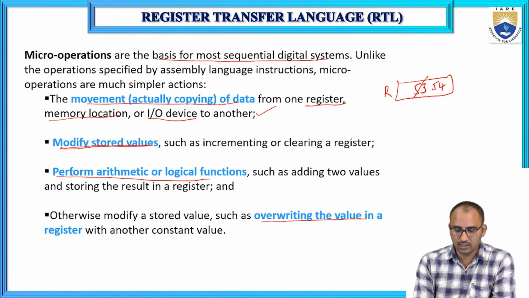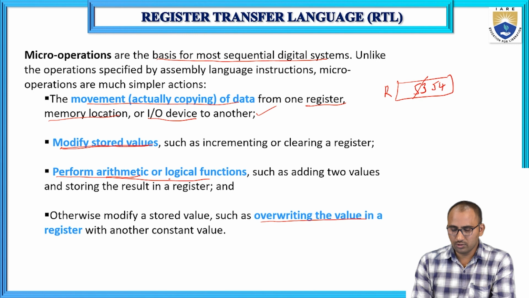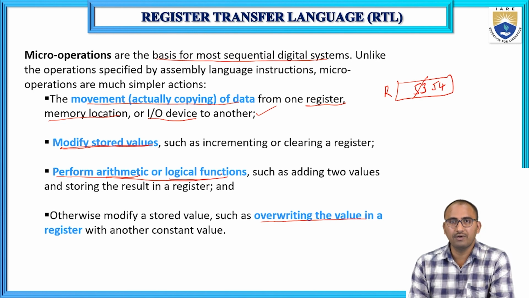And the third one is performing arithmetic and logic functions. We perform many arithmetic and logic functions. Arithmetic includes addition, subtraction, multiplication, and division. Similarly, we can also perform logic functions. The logic functions include AND, OR, XOR, NOT. So these are all the different logic functions.